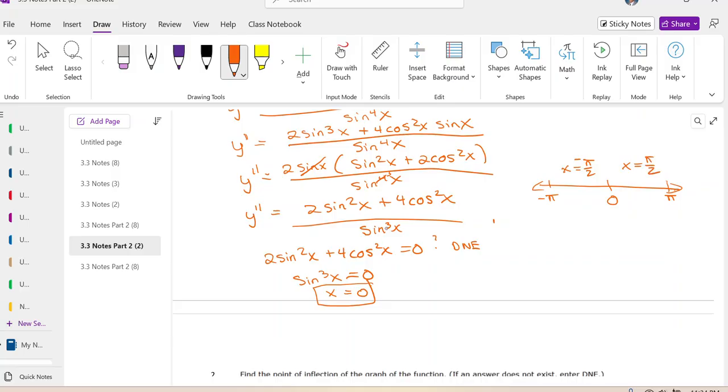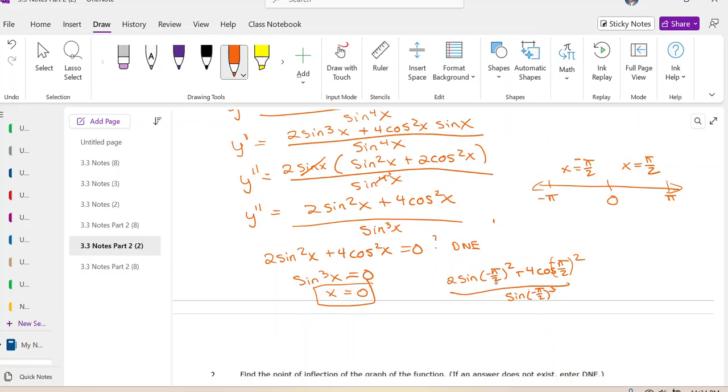When you put that number in the double derivative, notice 2 times the sine of negative pi over 2 squared plus 4 times the cosine of negative pi over 2 squared over the sine of negative pi over 2 to the third.